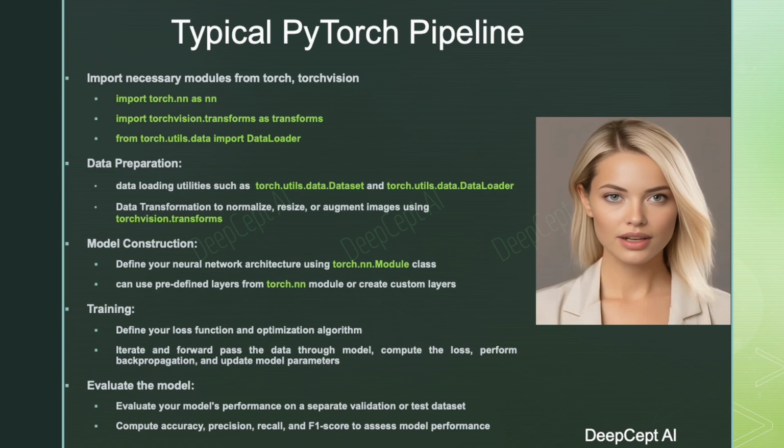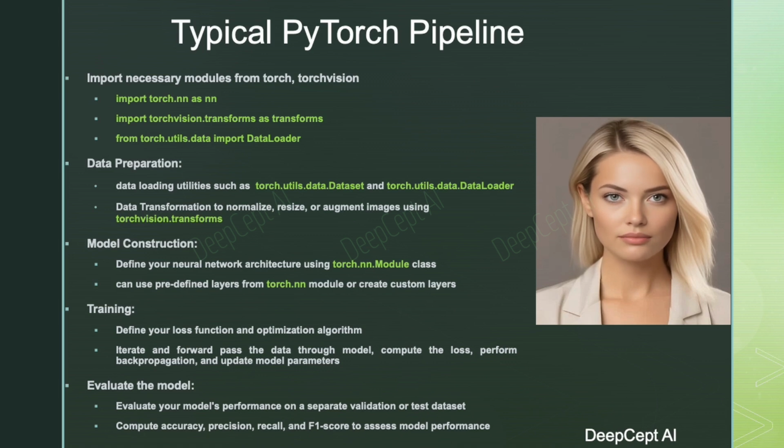Secondly, model construction involves defining the neural network architecture using PyTorch's torch.nn module class, specifying the layers and operations that compose the model. This includes defining custom layers or utilizing predefined layers from the torch.nn module.